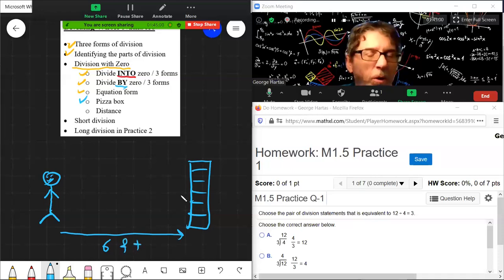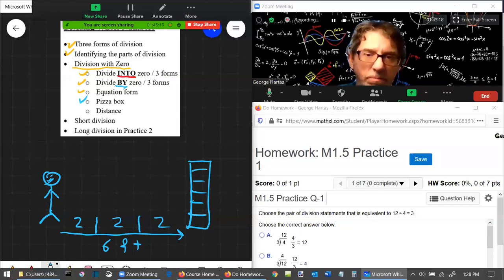Now each stride that I take is 2 feet. All right, each stride, my leg swings out 2 feet. Each stride I take is 2 feet.